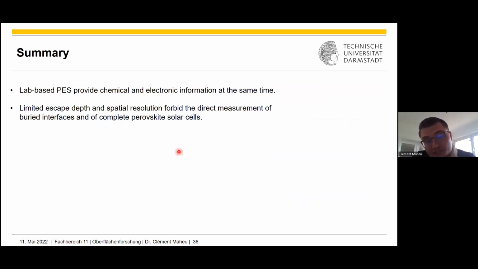So to conclude and to summarize, I hope I convinced you that photoelectron spectroscopy is quite a strong technique to get chemical and electronic information at the same time. I hope that you also remember that it's a really surface technique, and due to that, and due also to the spatial resolution, we cannot measure directly the buried interfaces of a complete perovskite solar cell, but that's also the same thing for any, let's say, stack.